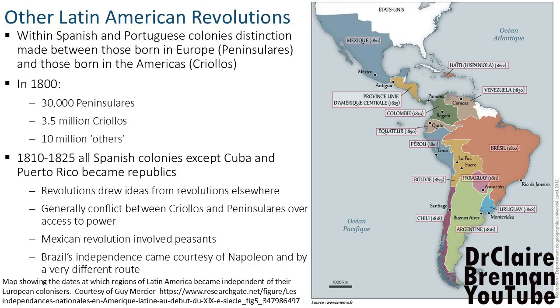So the situation in Brazil is not exactly the rejection of control from the Iberian Peninsula that it was elsewhere. Cuba and Puerto Rico also lagged behind. It's still an amazingly short period, 15 years, for this large geographical area to experience such profound political shift.